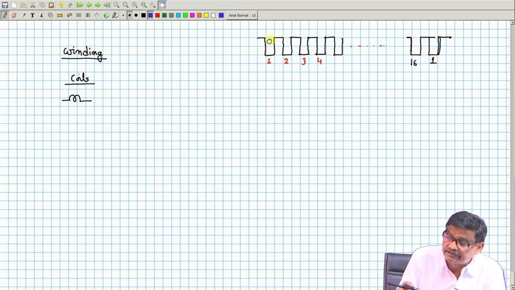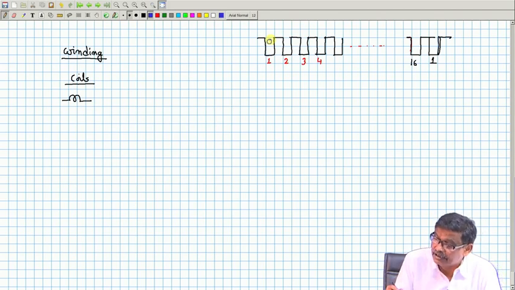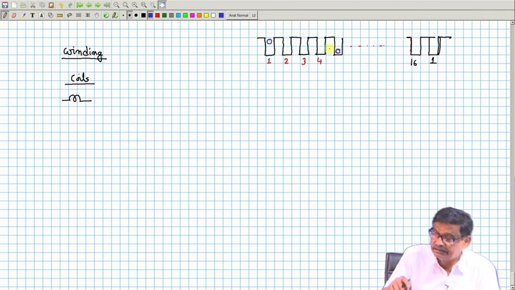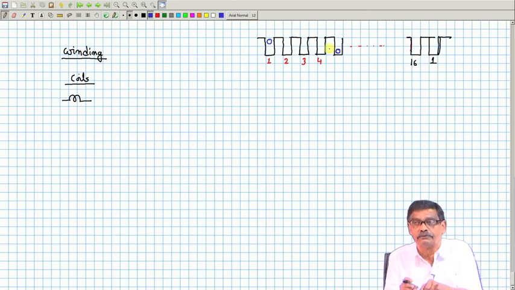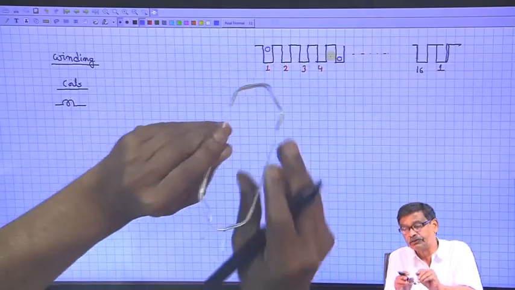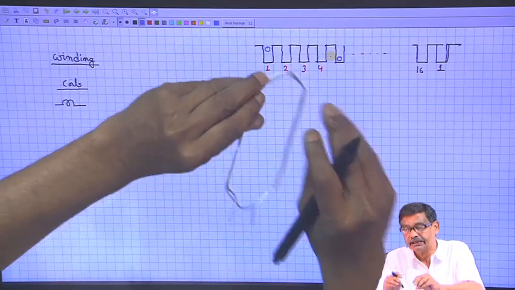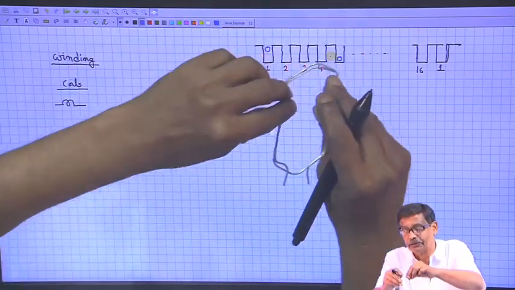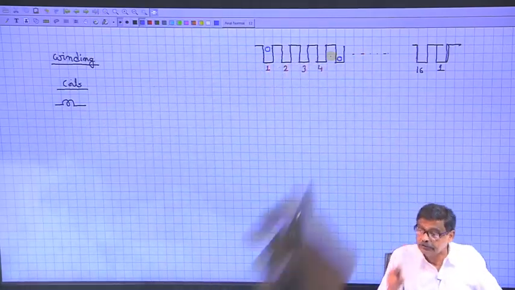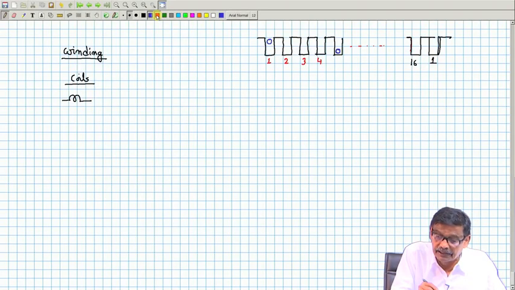First of all, where will its return be? Slots per pole is 4, therefore it will be 1 plus 4, that is, its return will be here. This will be the one coil. One coil means this fellow I have put, and as I told you, while manufacturing this will be slightly below and this will be slightly up, so that it will be nicely placed here. So, this slot number is 5.